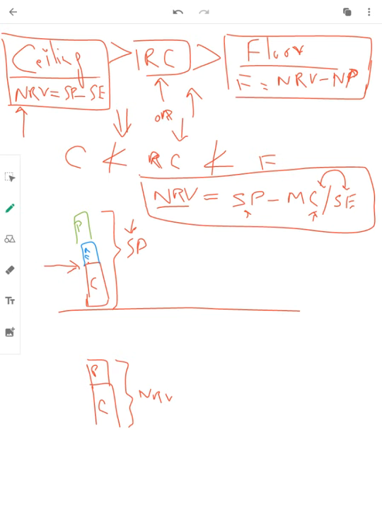So let's explain how. Very simple. If this profit plus cost is the net realizable value, let's say it is $8. And if I want to see what happens if I buy this inventory right now from the market in the same condition as it is right now.